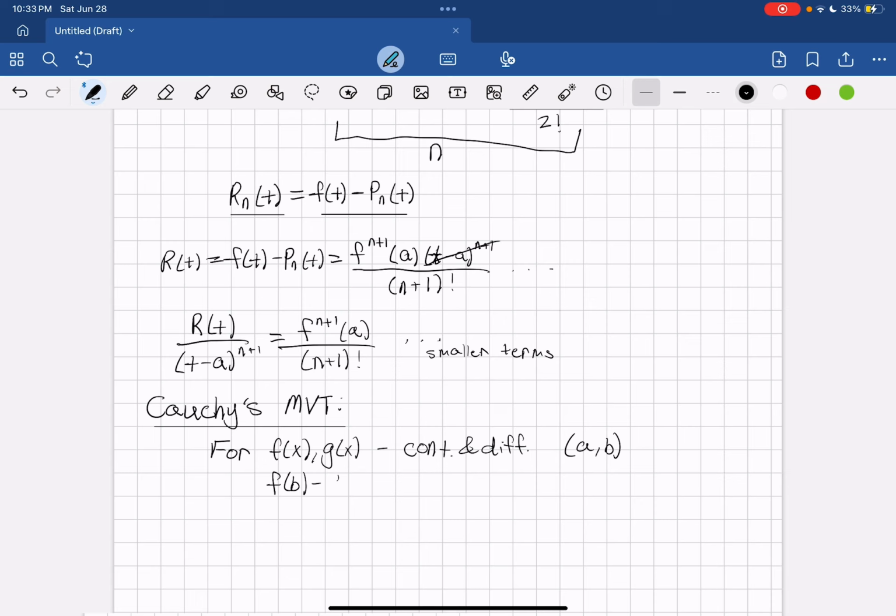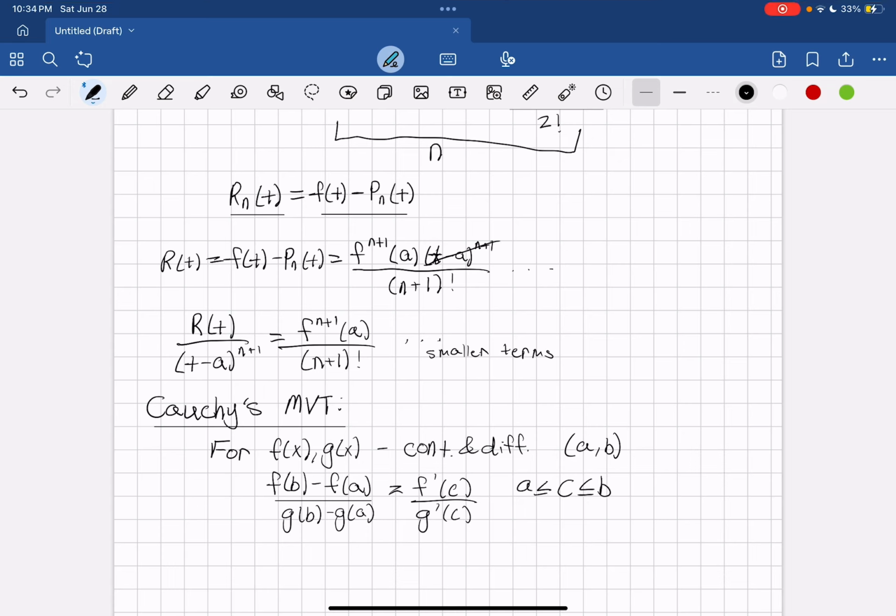F of b minus f of a over g of b minus g of a equals f prime of some value c over g prime of that value c, where c can be found between b and a.